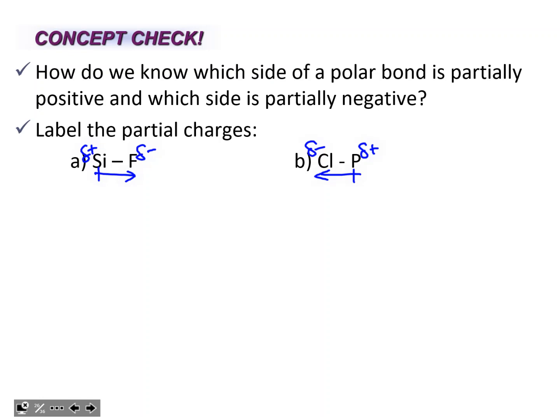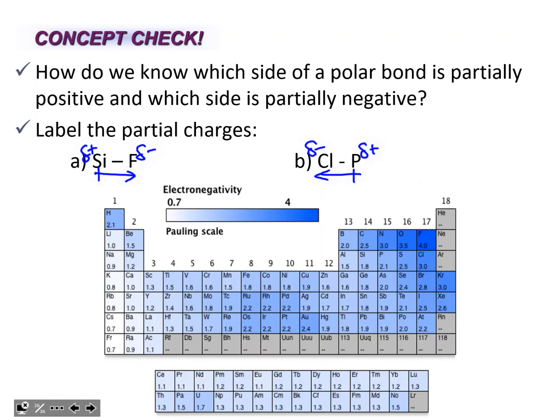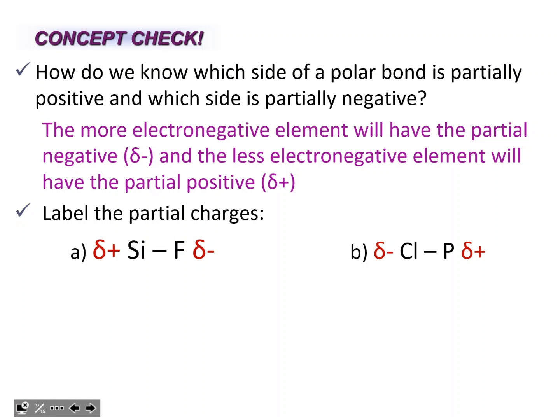Okay? That's how you would draw a dipole moment if you had to draw a dipole moment. So just once again, relatively look at your periodic table. The one that's farther up and to the right that isn't a noble gas, remember noble gases do not count, is the one that you're looking for there, okay?